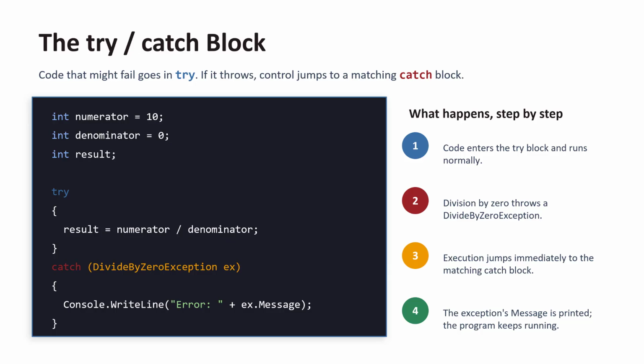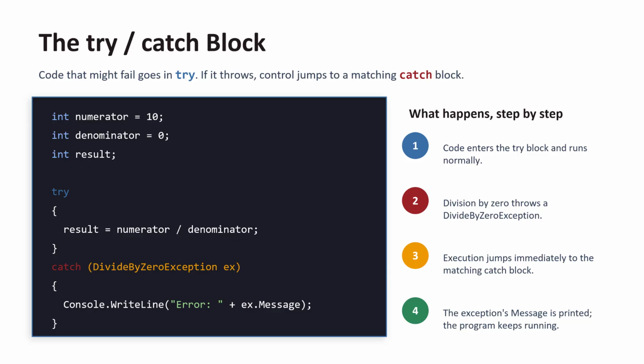Below it, we have a catch specifically typed, catching a divide by 0 exception with a variable named ex representing the caught exception object that gets created. Inside of that catch block, we can use ex's .Message property, which gives us a human-readable description of what went wrong, and we write that out to the console.